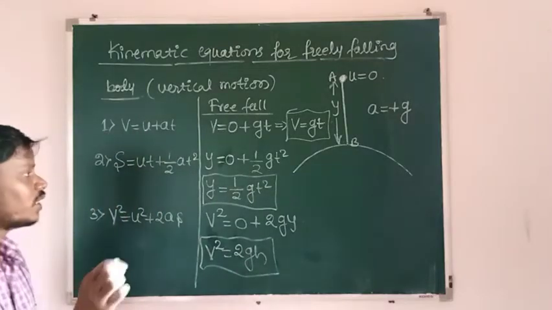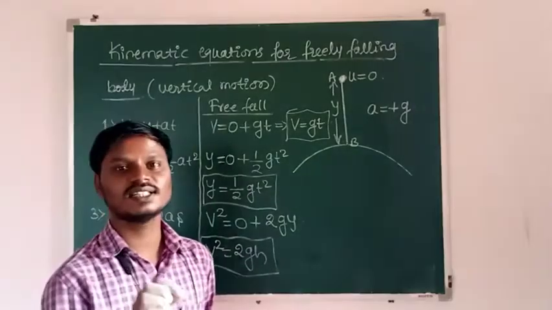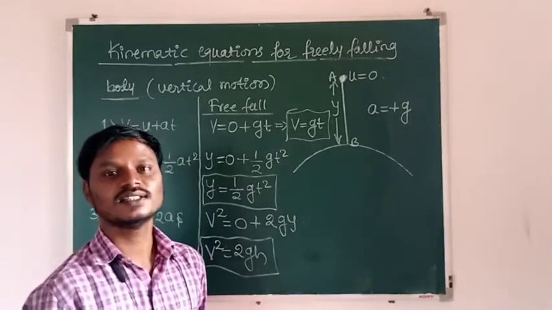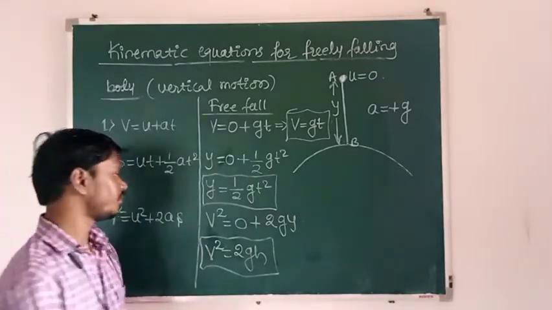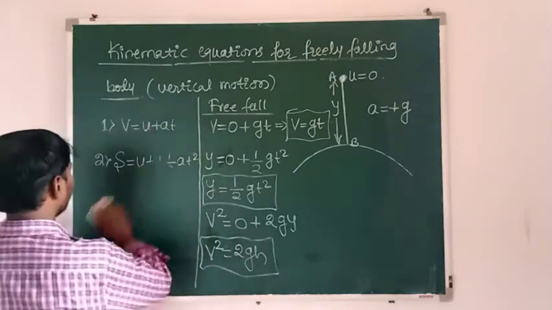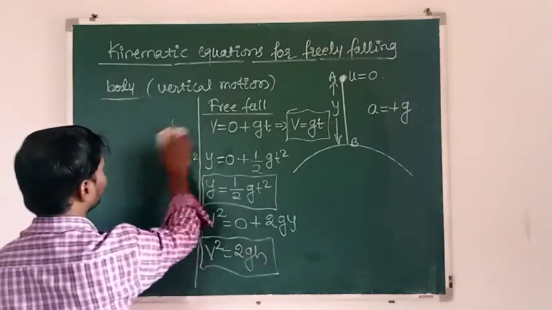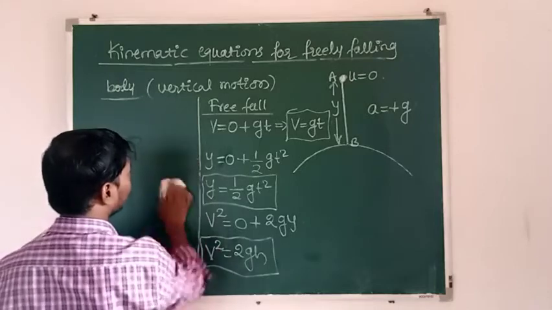Okay, and one more equation. What is that? Distance traveled in nth second, means distance traveled by the object in every 1 second. So the fourth one, one more equation we are going to write in case of free fall.